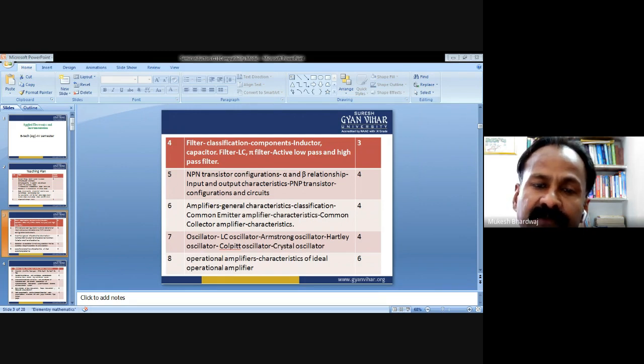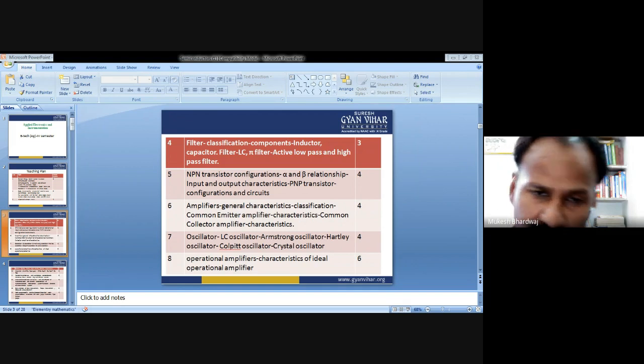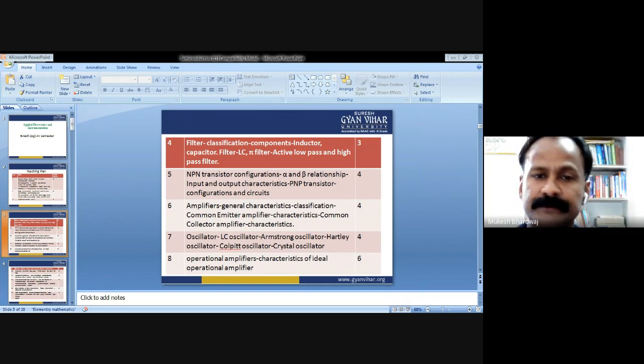And the filter means that in the process of filtration, various arrangements of the circuits can be done by using three more components, that is inductor, capacitor and resistors. Some of the important filters are LC type filter, pi filter, active low pass and high pass filter, band pass filter, and so many filters are there, depending upon the different use.